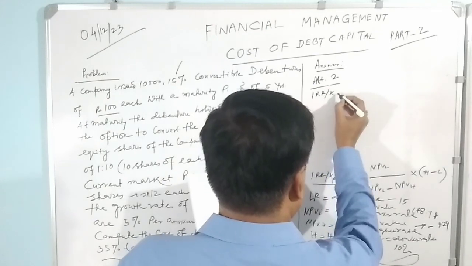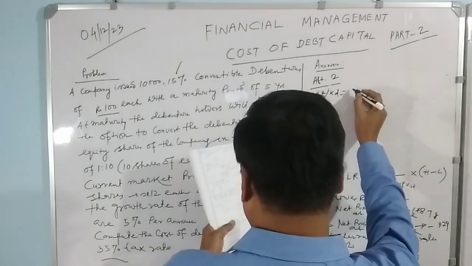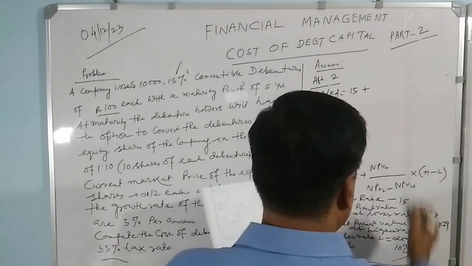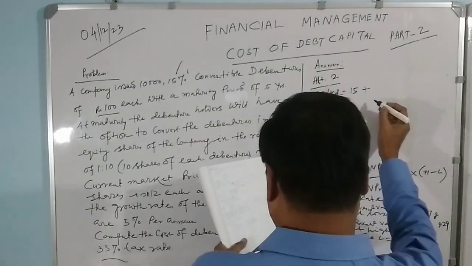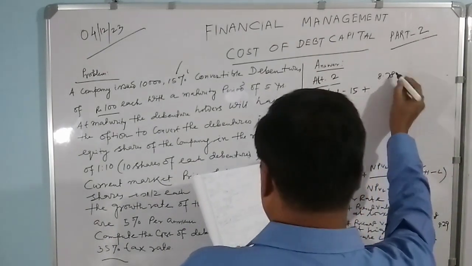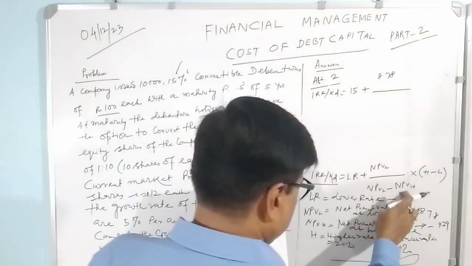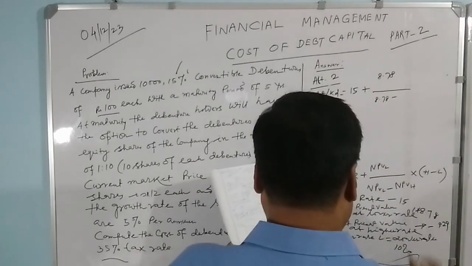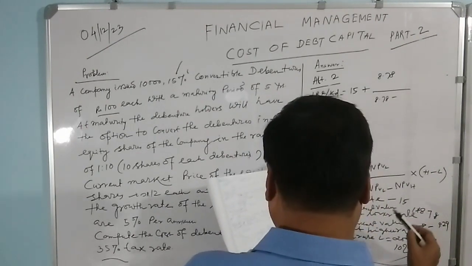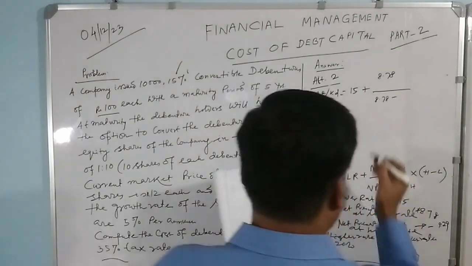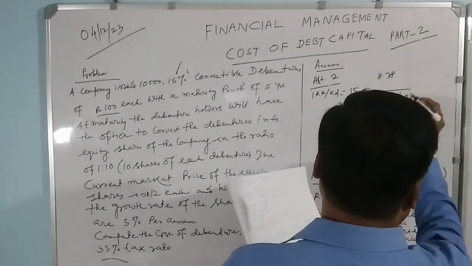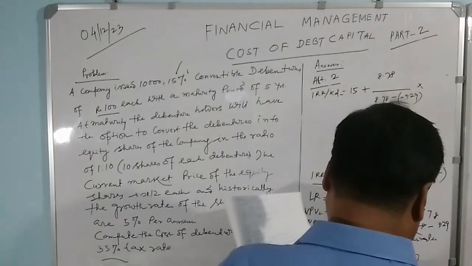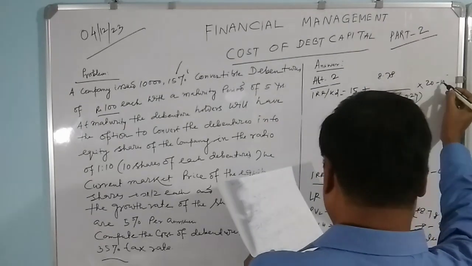IRR KD equals the lower rate of 15%, that is the base rate, plus NPVL, which we are taking as 8.78 as calculated earlier, divided by NPVL minus NPVH, that is 8.78 minus, in brackets, minus 9.29, into H minus L, the higher rate of 20% minus 10%.